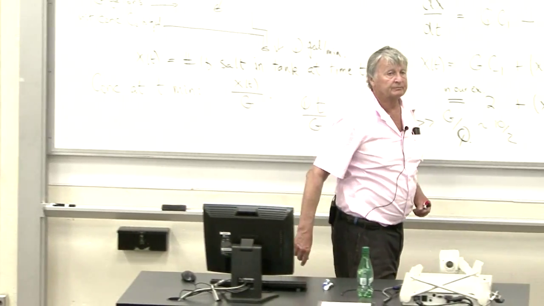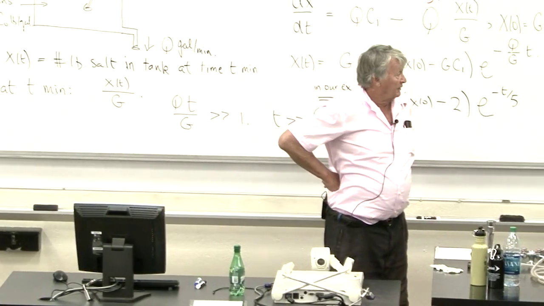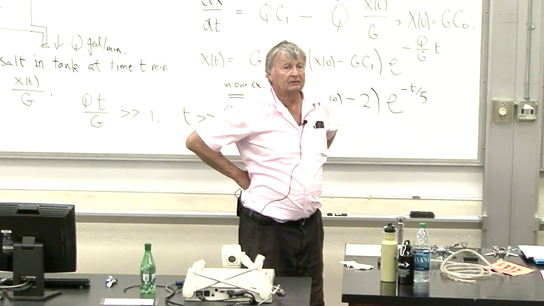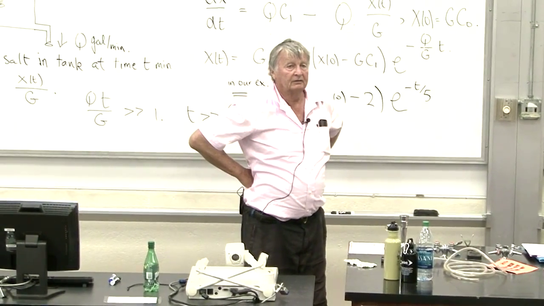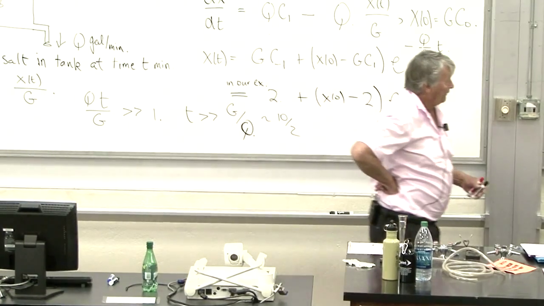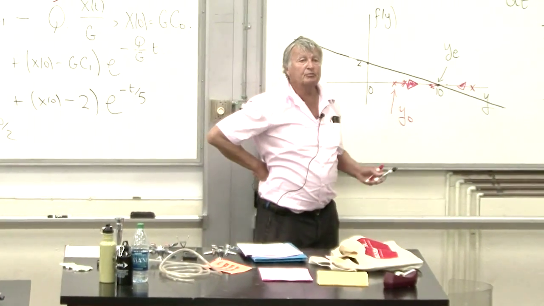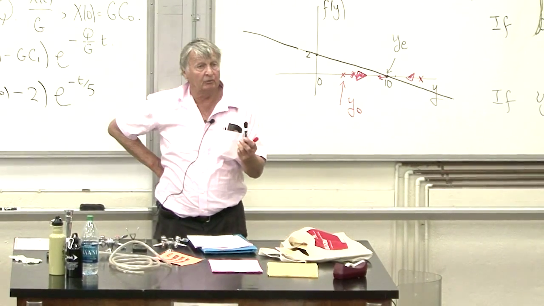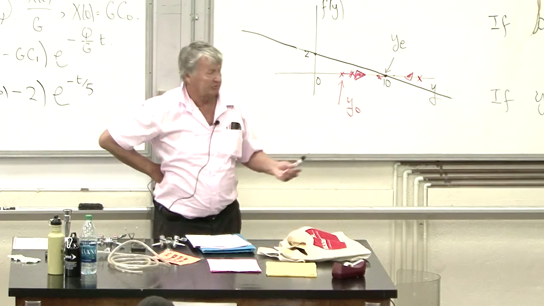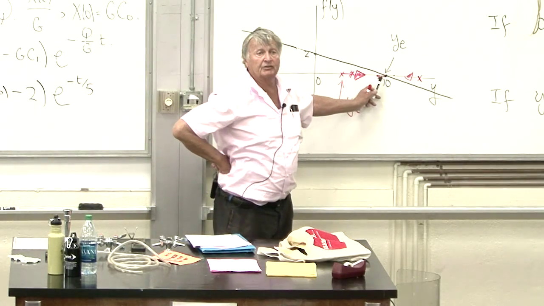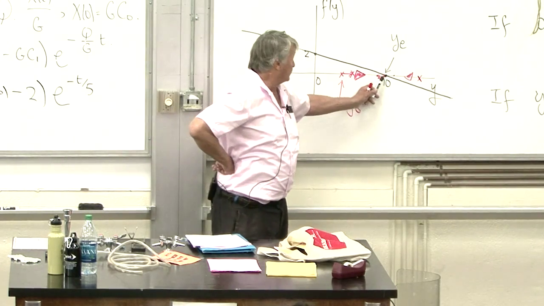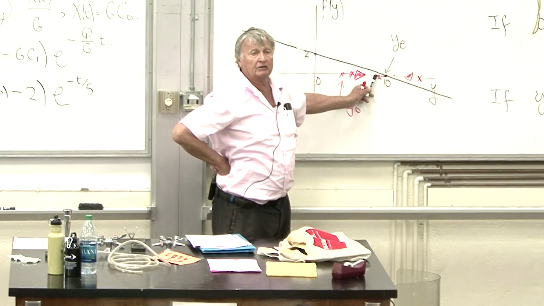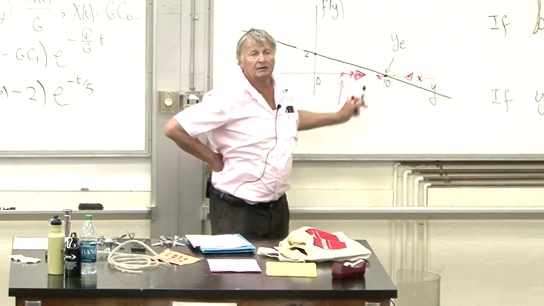Question? Did you say that this example here was stable or unstable? Well, you tell me. By stable, I would mean that if I perturb it a little bit, it goes back to the equilibrium. So in this case, what does it do? If I perturbed it a little bit this way, will it continue or go back?